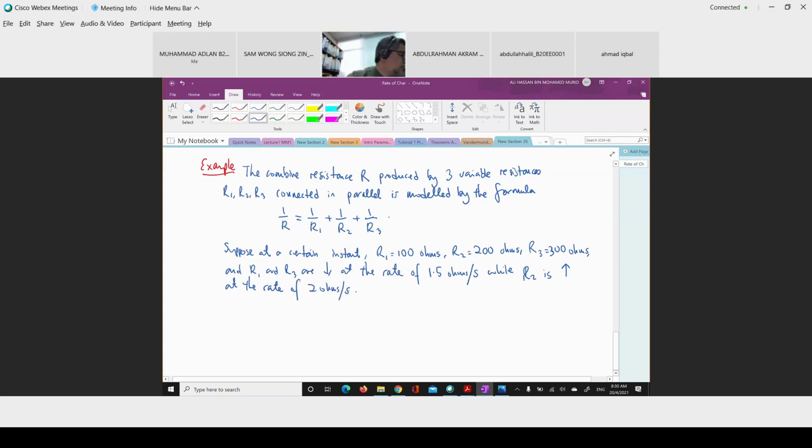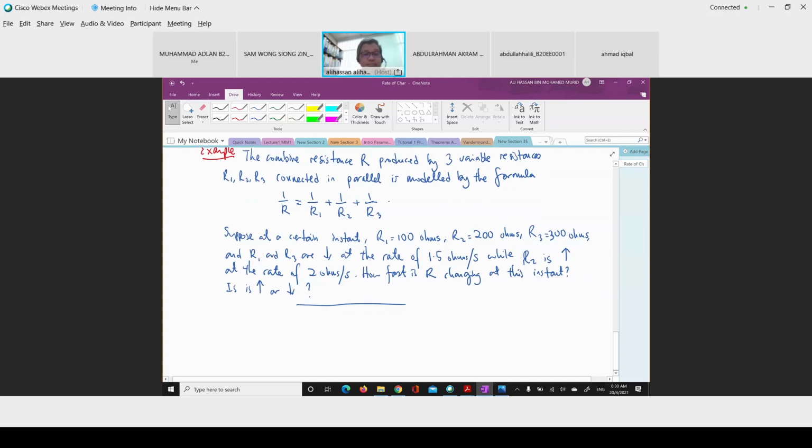How fast is R changing at this instant? And then is it increasing or decreasing? So that is the question here.